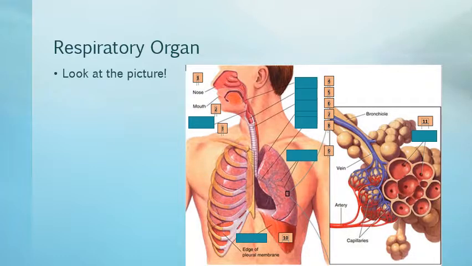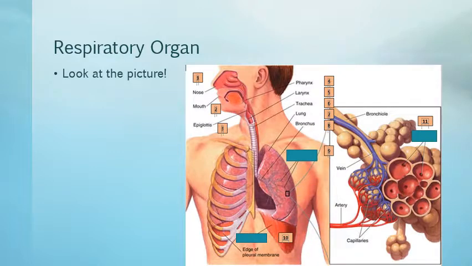Number 2, mouth. Number 3, epiglottis. Number 4, pharynx. Number 5, larynx. Number 6, trachea. 7, lung.